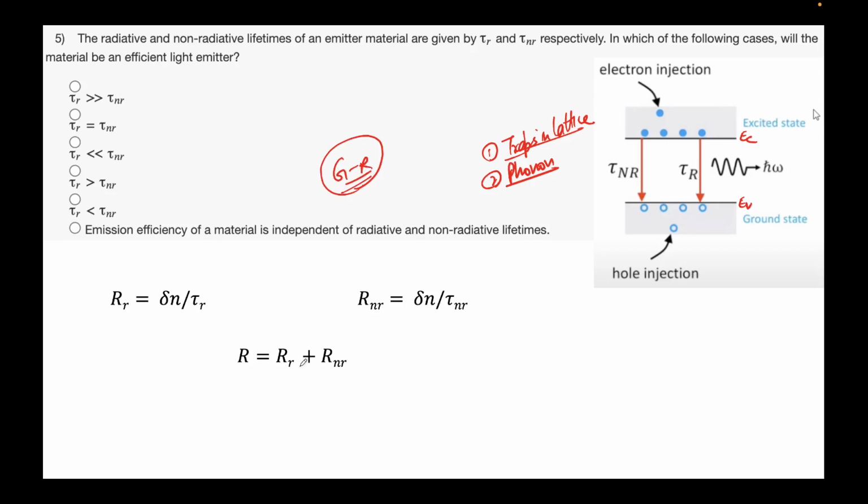Here there are two flavors of recombination, hence they will combine, right? Thus the total recombination rate can be given by delta n by tau. If you put the R and R nr values here, you can clearly see 1 over tau will come out to be 1 over tau r plus 1 over tau nr.